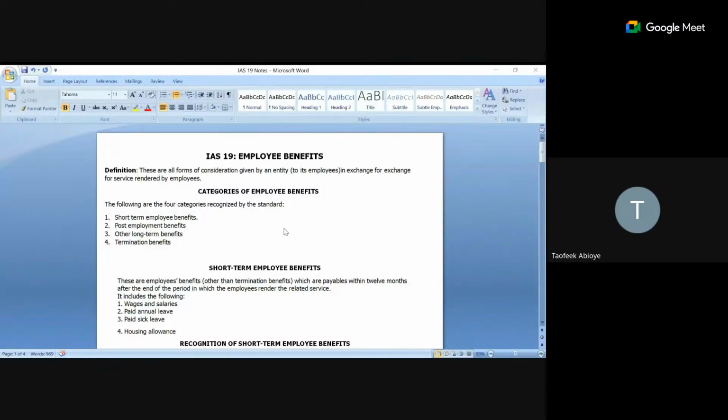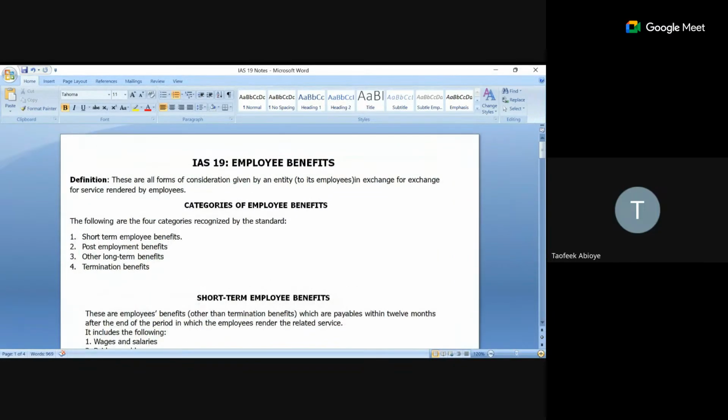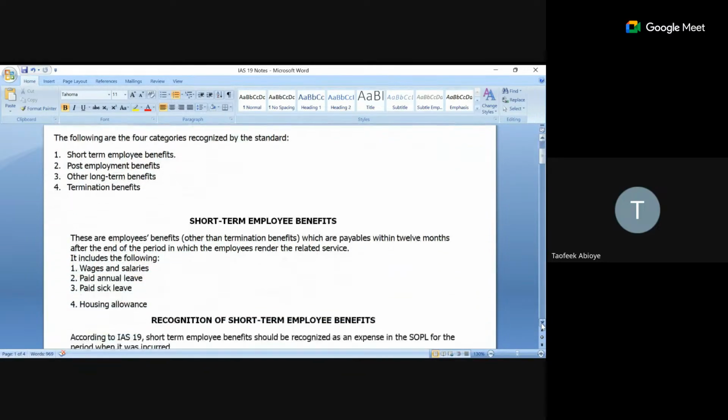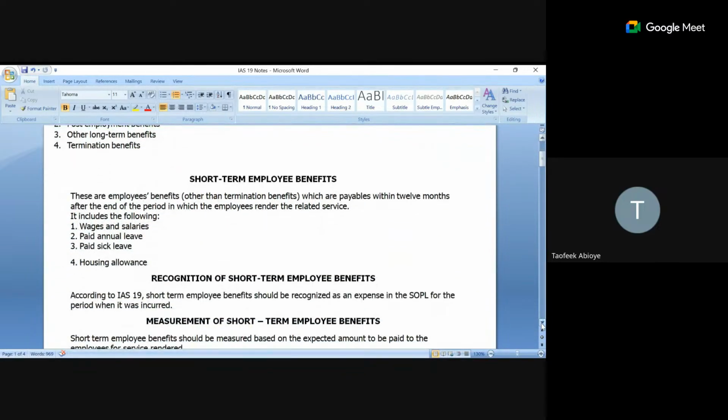Quickly, the recognition of short-term employee benefits is just to recognize the employee benefit as an expense in the profit or loss account in the period when it was incurred.